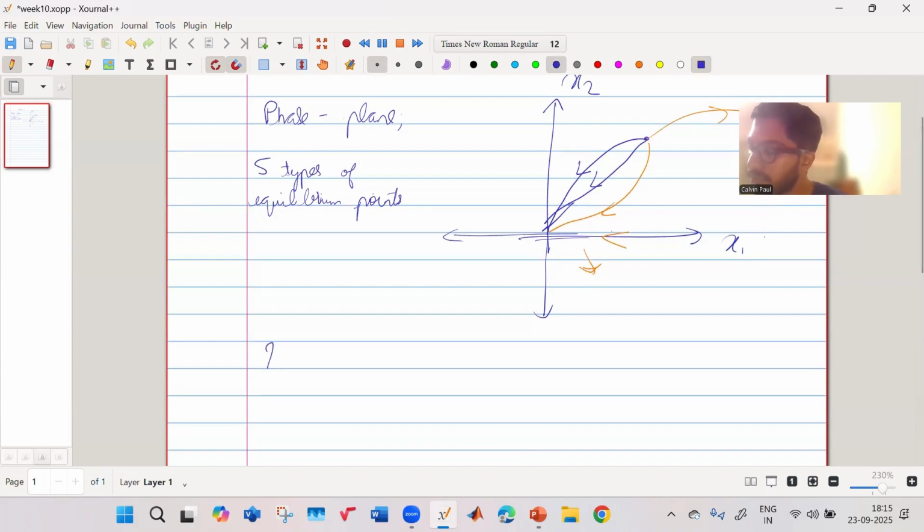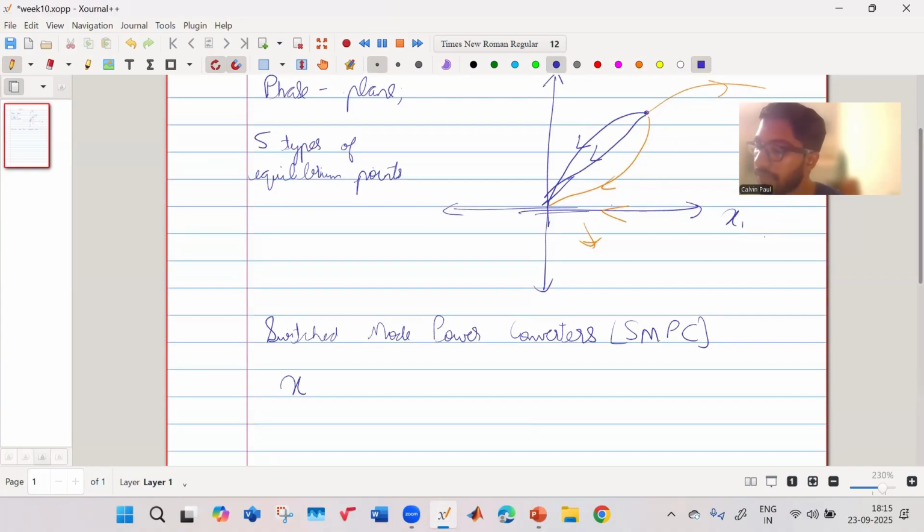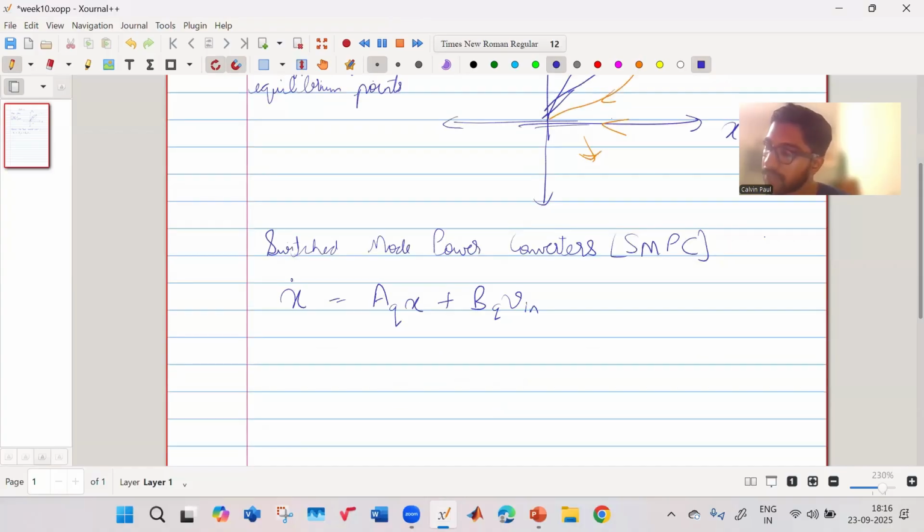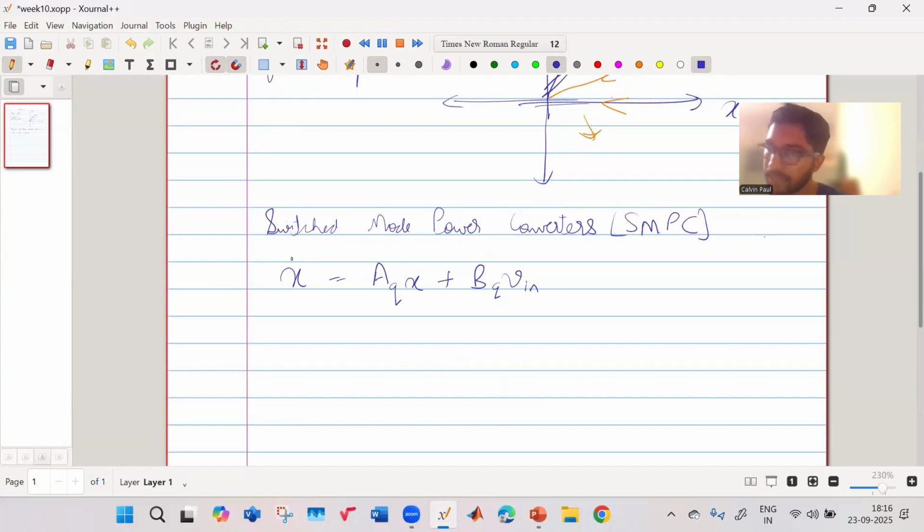So you have your switch mode power converters, SMPC, where we have x dot is equal to AQx plus BQVin. As we have discussed earlier, it is discontinuous. We understand that the vector field is discontinuous.